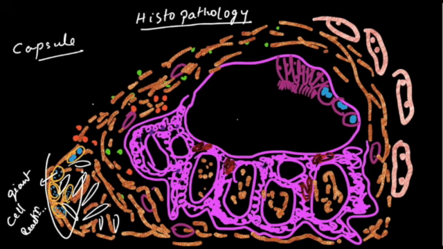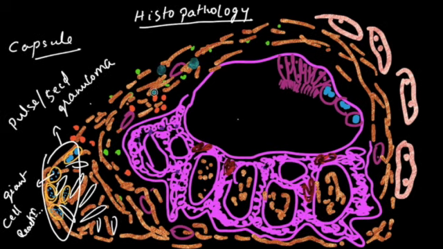This kind of arrangement is called pulse granuloma or the seed granuloma. We also see some calcifications in the connective tissue wall around the dead and degenerating tissues, that is called dystrophic calcifications. So all these are the structures that we see in the connective tissue wall of radicular cyst.